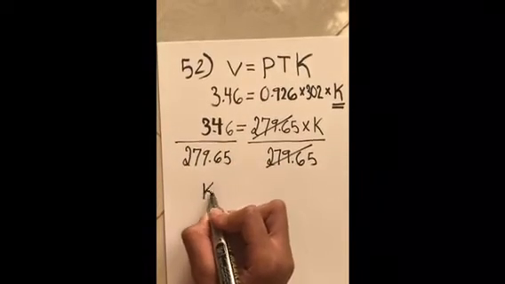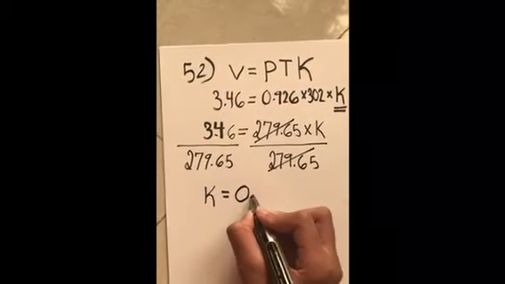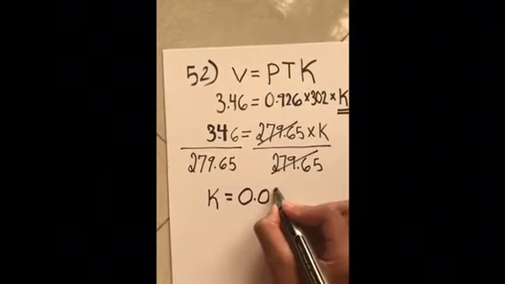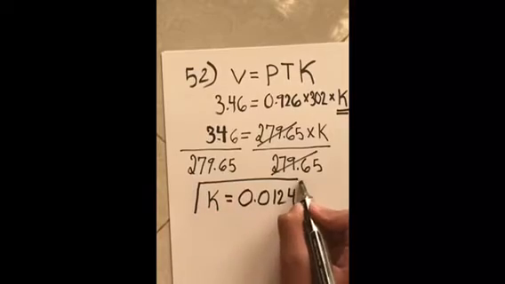Finally, we find the value of K, which is the constant. And now we can just write our equation and solve the other part of the question.